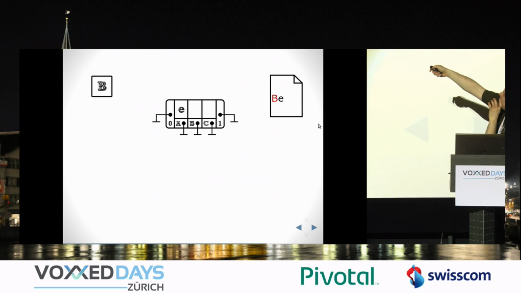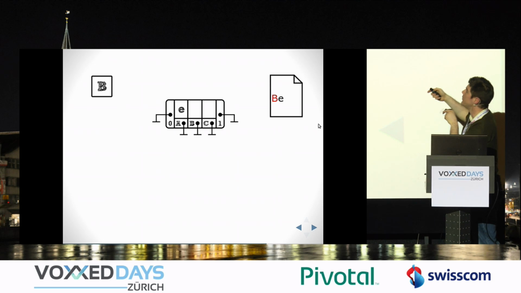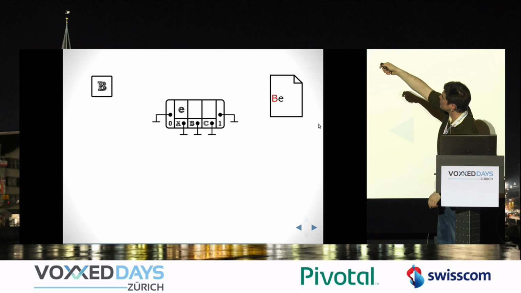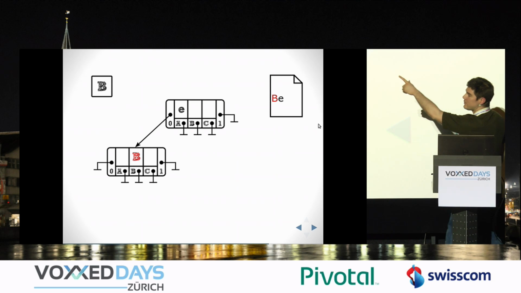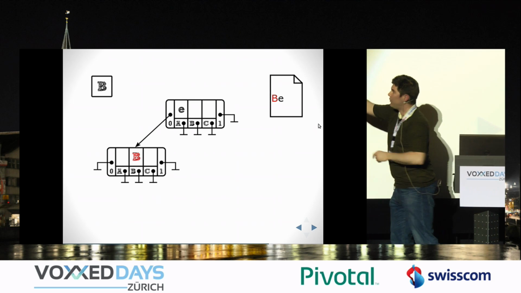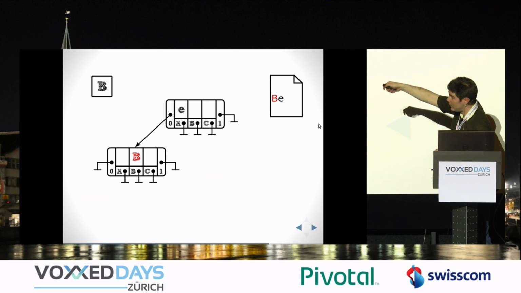So let's say that B wants to insert the capital letter B before E. Then he looks into the data structure and sees that the only place that a letter could come before E is here in this subtree. So he needs to extend the subtree with a new node. And in this new node, he writes the capital letter B to its own slot.